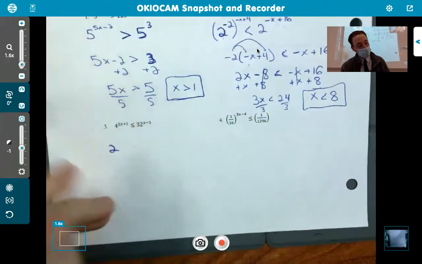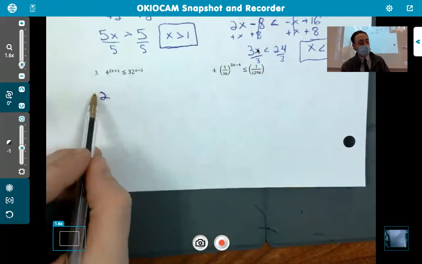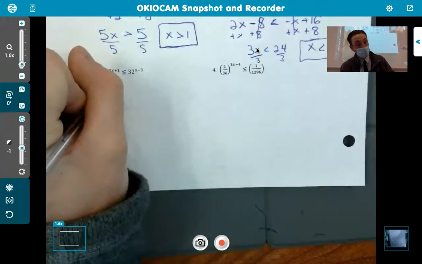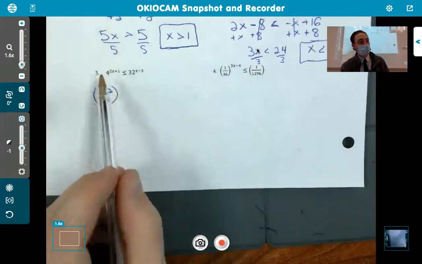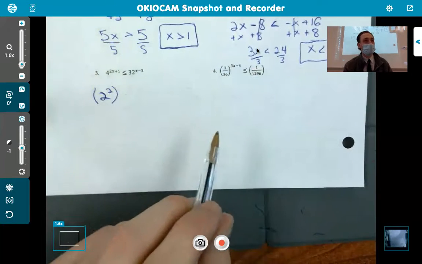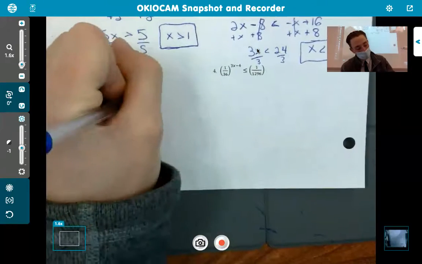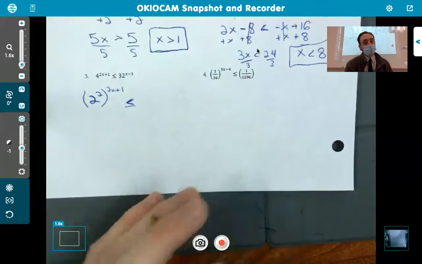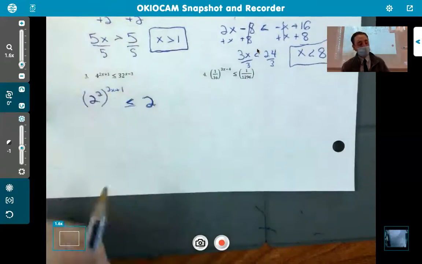So on the left-hand side, what should my exponent be? 2 raised to what power gives me 4? 2. What else do I have on the left-hand side, though, as an exponent? 2x plus 1. Good. On the right-hand side, if I want that base of 2, I'm going to raise that to what exponent?